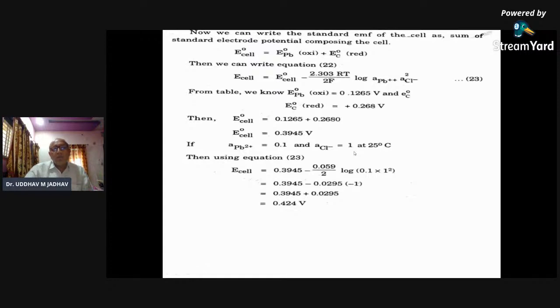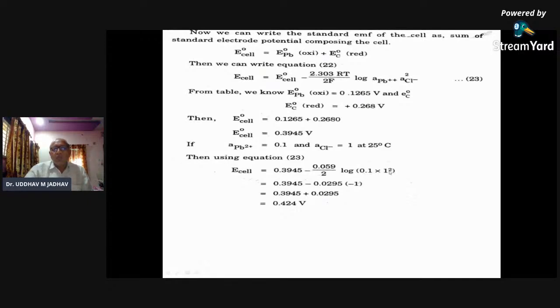Now, suppose the activity of lead is 0.1 and the activity of Cl- is 1, with a one normal calomel electrode. Substituting these concentrations into the equation, it comes out to be 0.3945 minus 0.059 upon 2 log of 0.1 into 1 raised to 2.